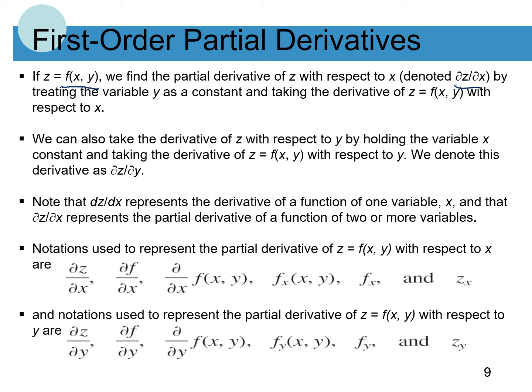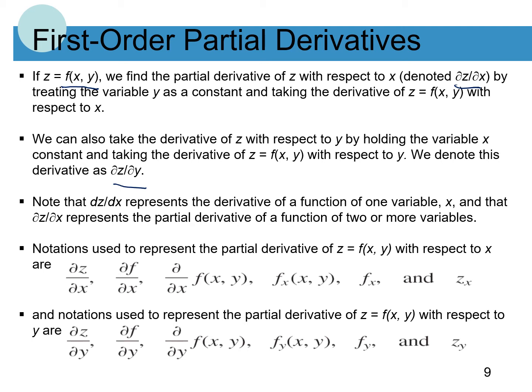And at the same time, if we take the derivative of z with respect to y, then we hold the variable x constant and take the derivative of z equal to f of x, y with respect to y, and we denote it as dz over dy.